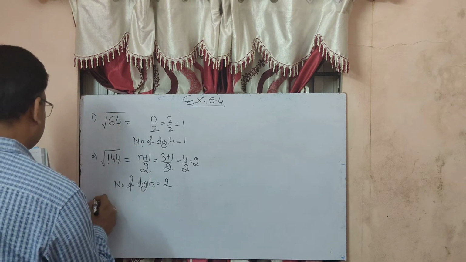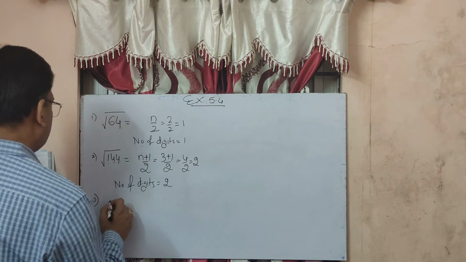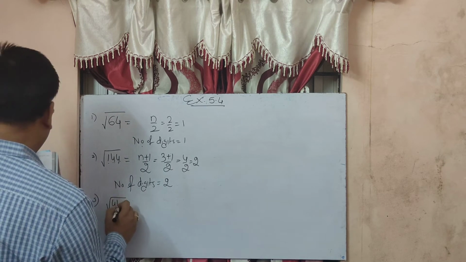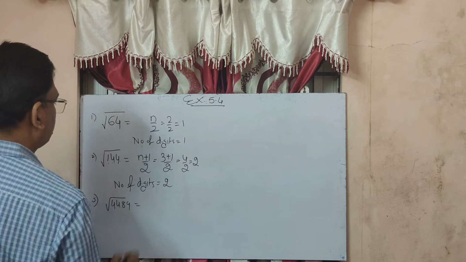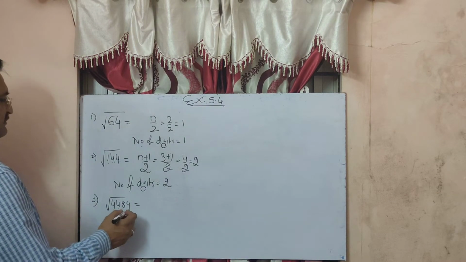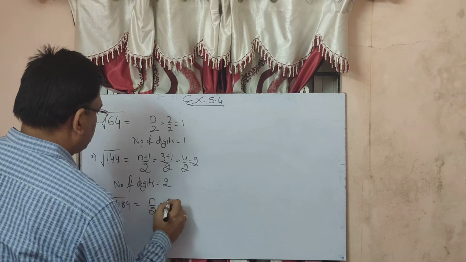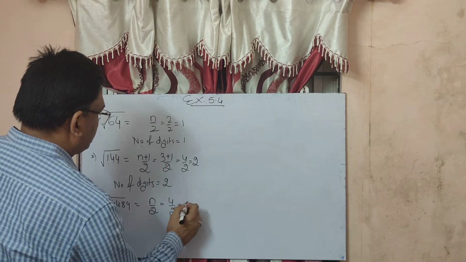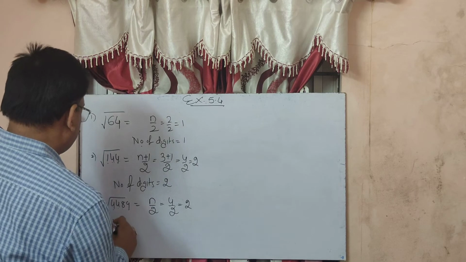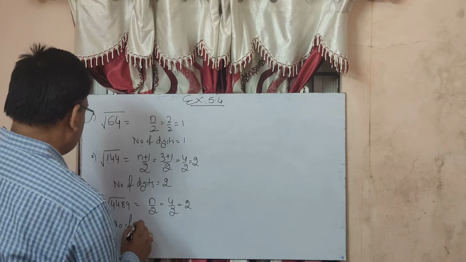Now the third one, 4489. So they are 1, 2, 3, 4, an even number of digits. So for even, n upon 2. n is how much? 4. 4 upon 2 is how much? 2.